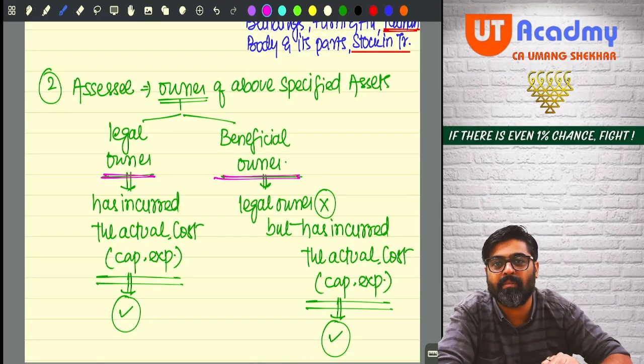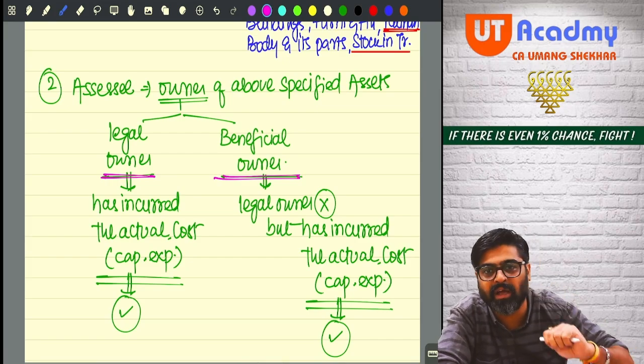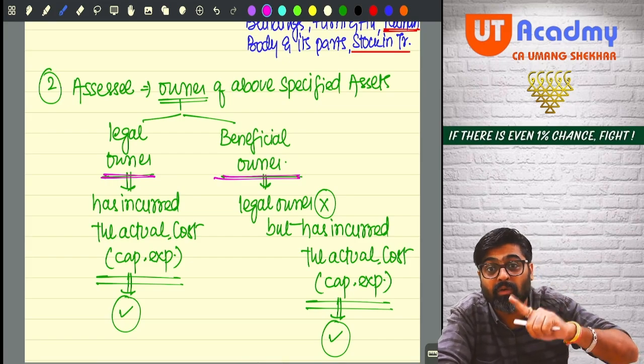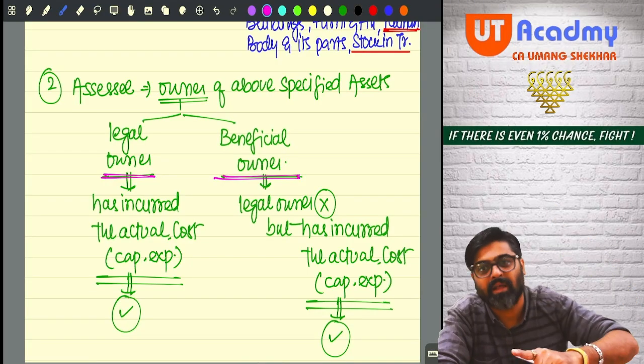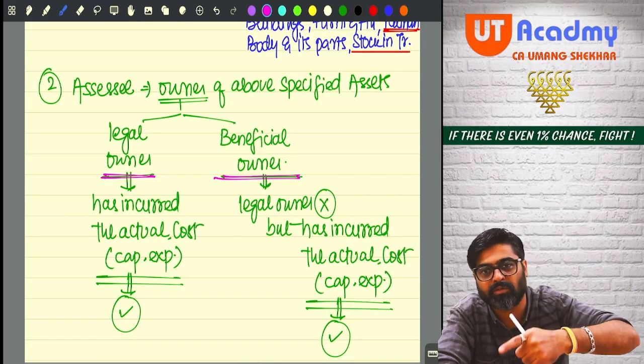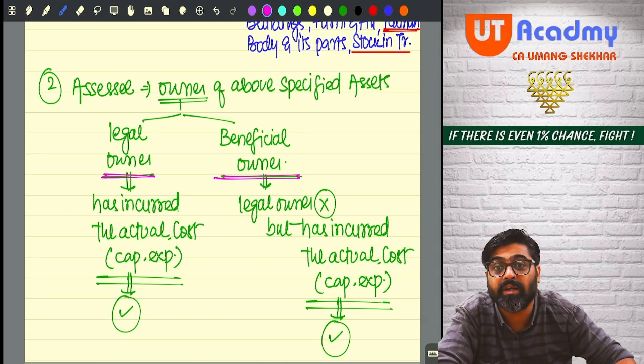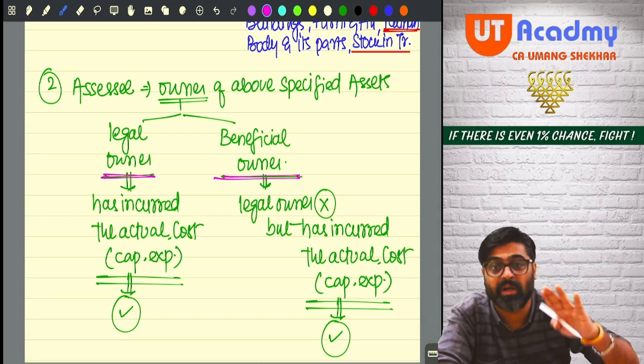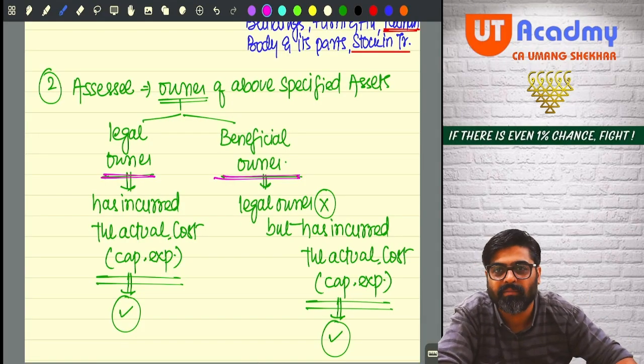The depreciation claim cannot be denied just because he is not the legal owner. He will be treated as a beneficial owner, and the claim of depreciation for that entire cost will be available to him till the time he becomes the legal owner. Getting my point?